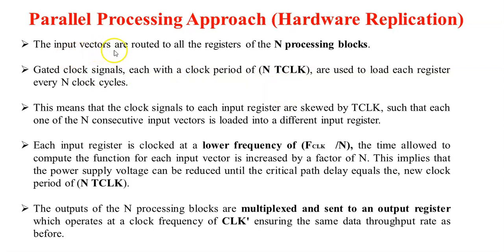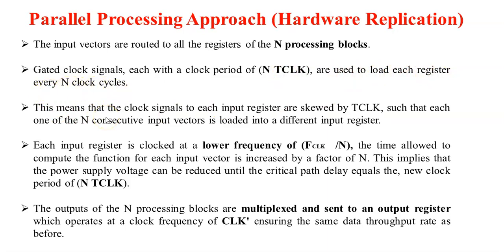The input vectors are routed to all registers of the n processing blocks. That means the clock signal is a gated clock signal, each with a clock period of n times t clock, used to load each register in every n clock signal cycles.